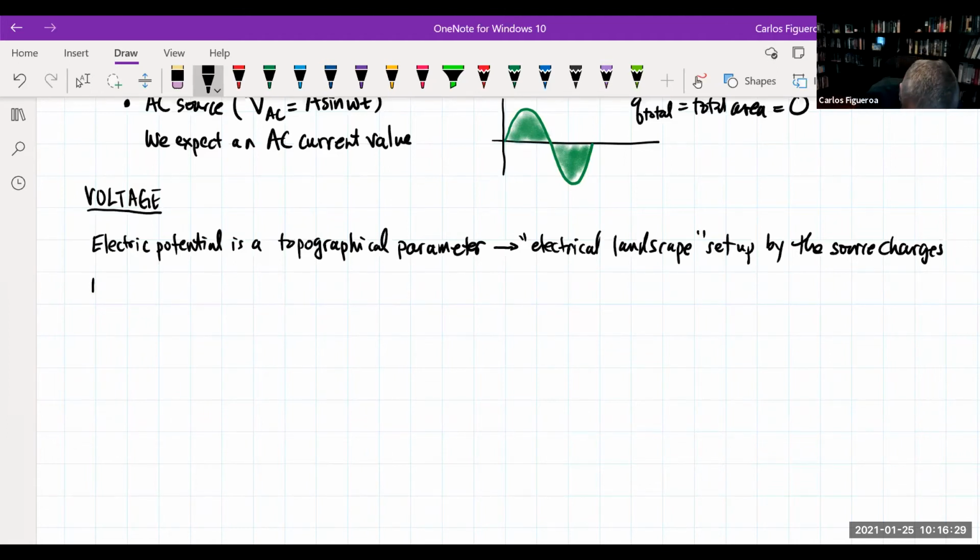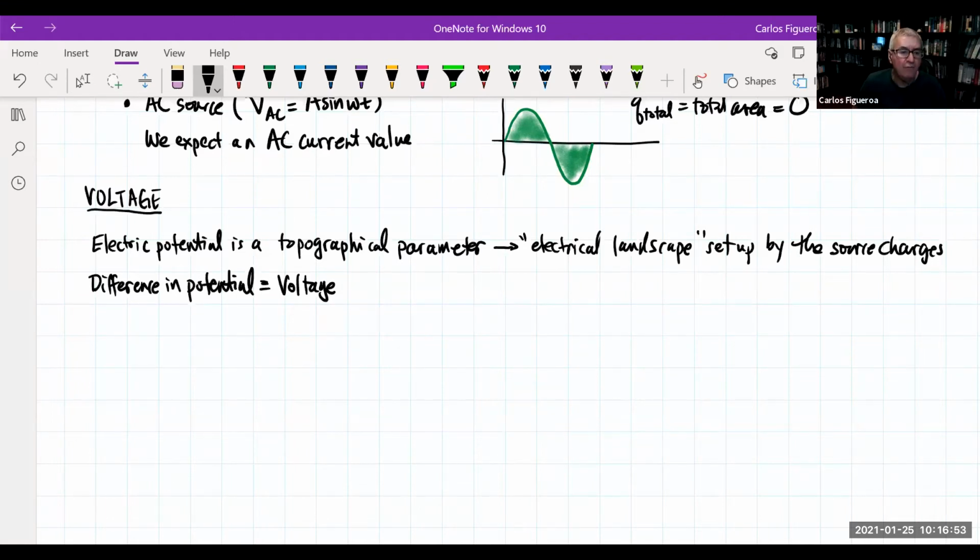So when I talk about a difference in potential, that by definition is voltage. So you never say a voltage difference. That's redundant. Potential difference is the definition of voltage.